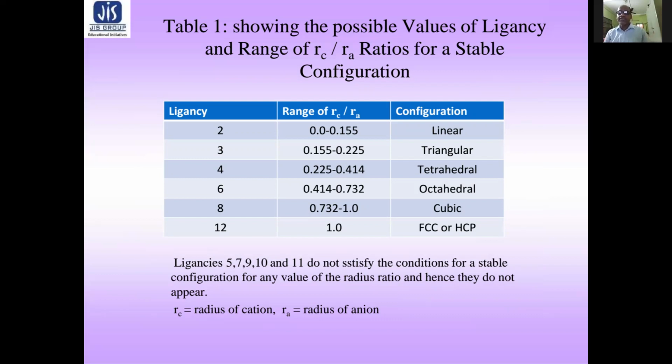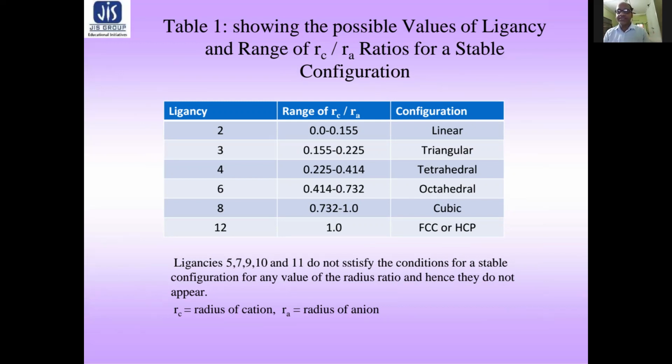In case of ligancy 3, the range of Rc by Ra varies from 0.155 to 0.225, and the configuration is triangular. Ligancy 4, the range of Rc by Ra is 0.225 to 0.414, and the configuration in this case is tetrahedral. Ligancy 6, the Rc by Ra value varies from 0.414 to 0.732, and the configuration is octahedral.